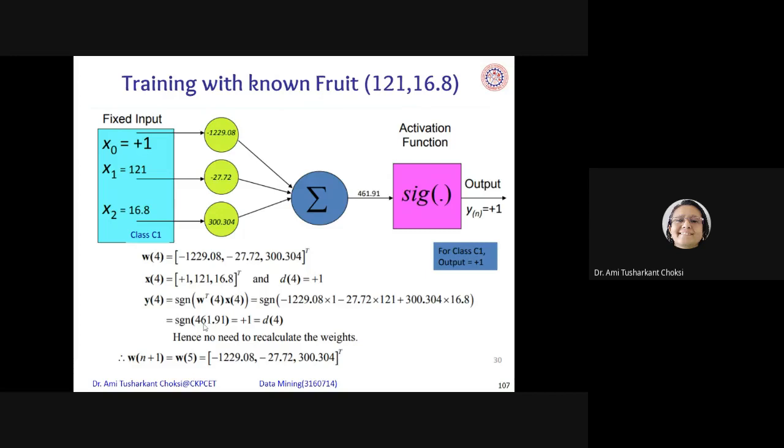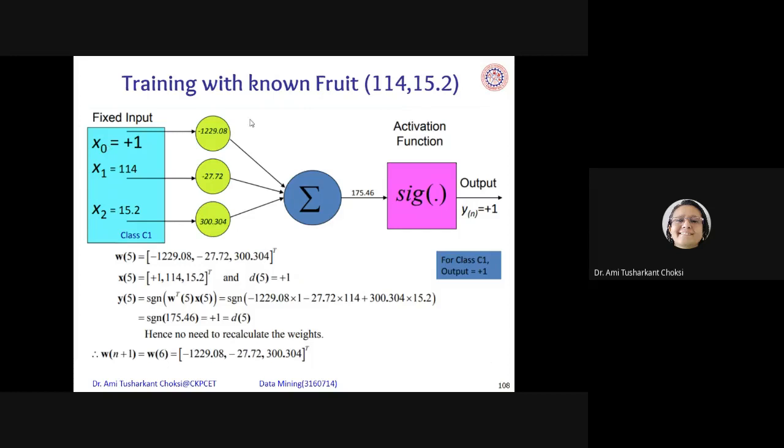SGN of 461.91 we are getting, and that way we get the output as plus 1. That is the same as the desired output. Actual output and desired output are the same, so no need to recalculate the weights. Fine, so the next level W vector will be the same as we were having here.